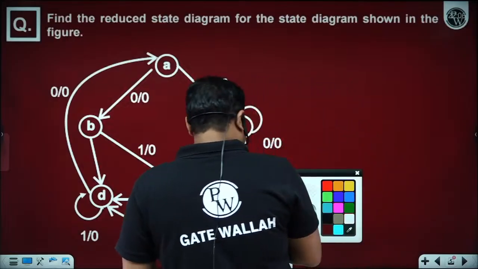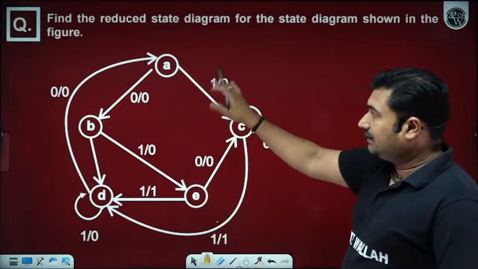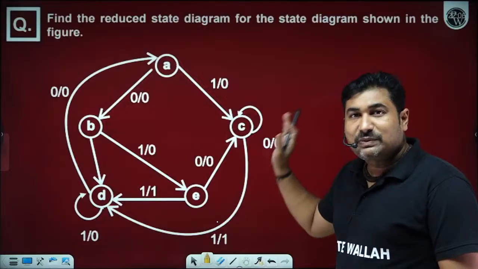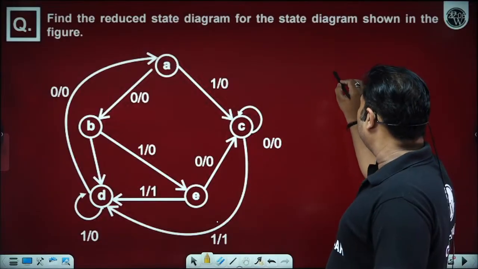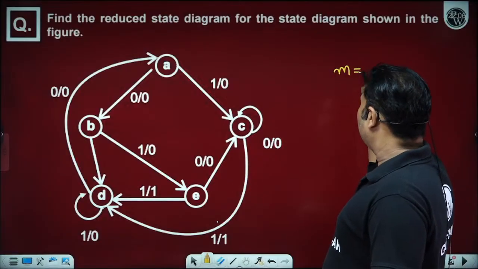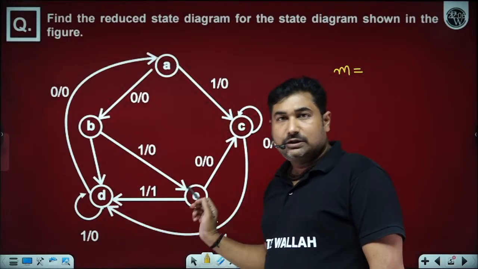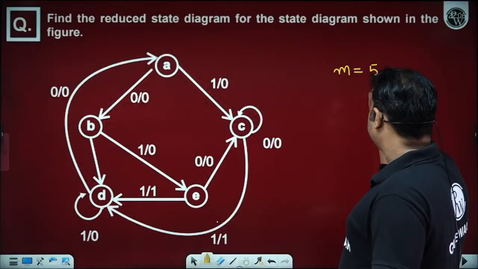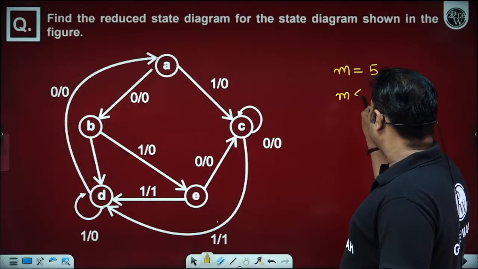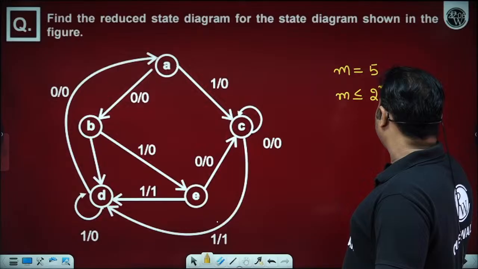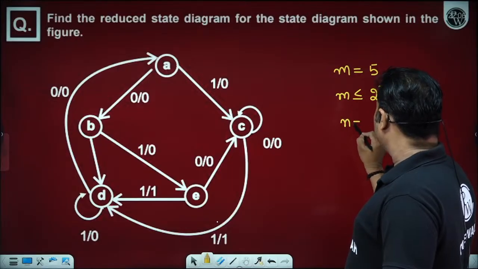As per the given state diagram, how many states are there? The states are A, B, C, D, E. So in total we are getting 5 states. Since we know m is less than or equal to 2 to the power n, n must be equal to 3.